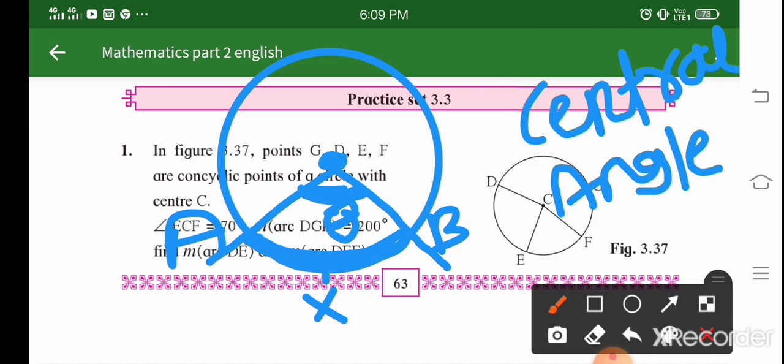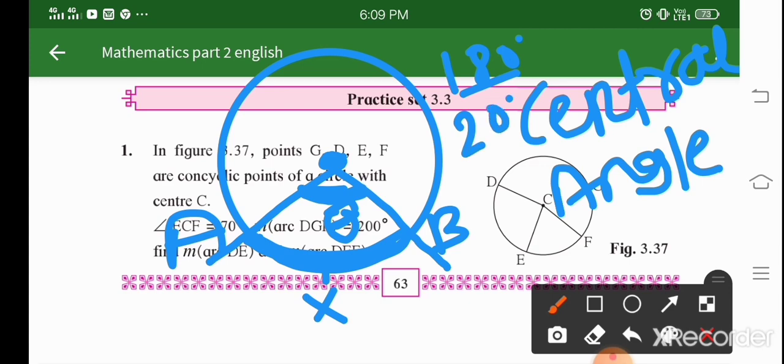Okay, so similarly, suppose you want to find the measure of the major arc. Now you have this minor arc value. Let's suppose the central angle value is given as 20 degrees.